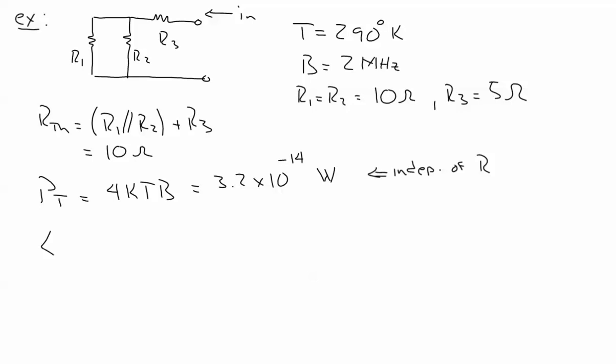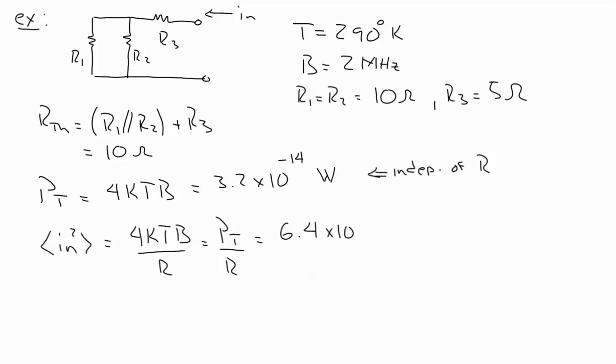Well, my noise current is just 4kTB over R, or my thermal noise power divided by resistance. And that's 6.4 times 10 to the minus 15th amp squared. Once again, golly, that looks just ridiculously small. Let's ignore it? Let's take the square root of that. So the square root of IN squared is IRMS for my noise.